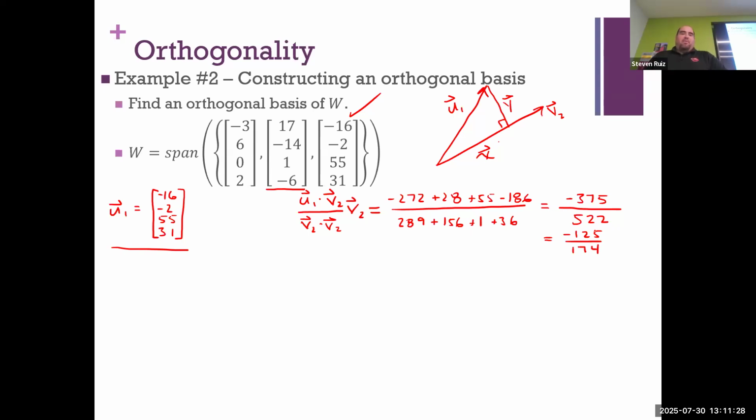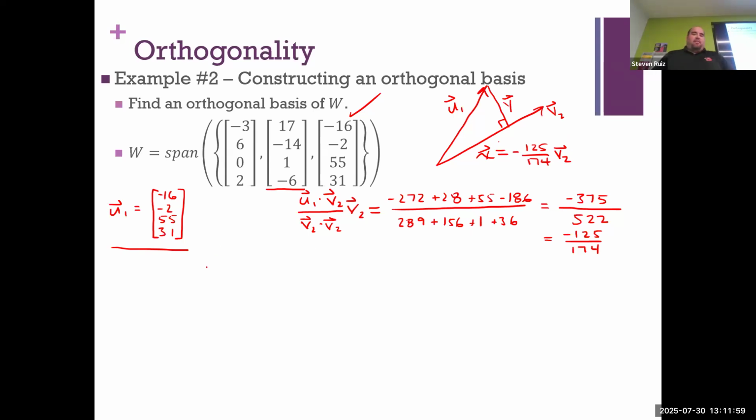All right, so now that we've got that number, what did that actually do for us? What did we find out? Right, so this thing that I called X earlier, I think I can say this is negative 125 over 174 times V2.